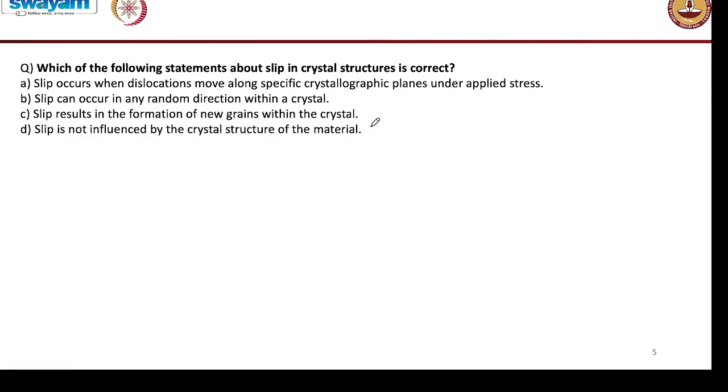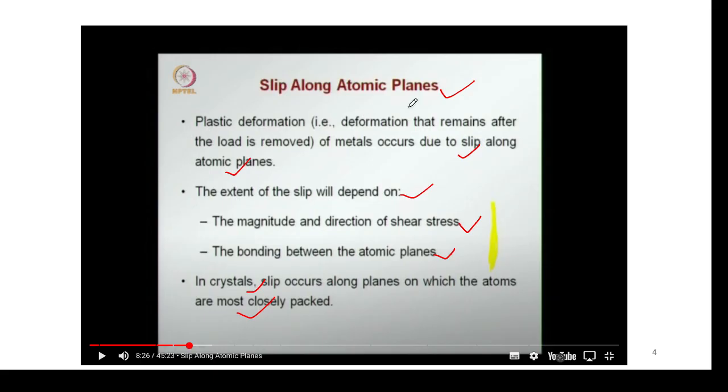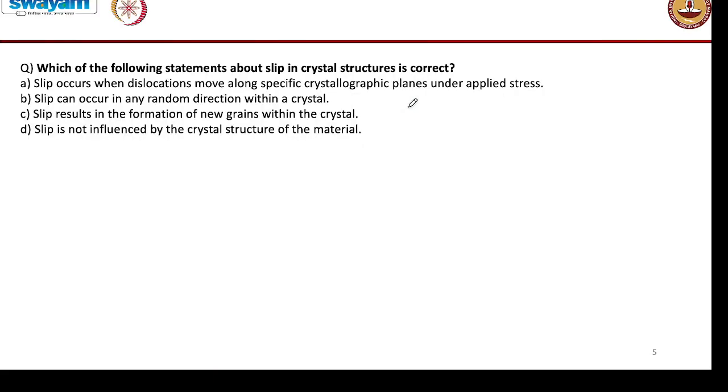Okay, so let's take the next question. Regarding slip, we have now studied what slip is, and here is the first question. Which one of the following statements about slip in a crystal structure is correct? The first answer: slip occurs when dislocations move along specific crystalline planes under applied stress.